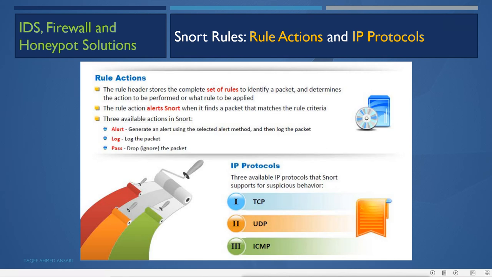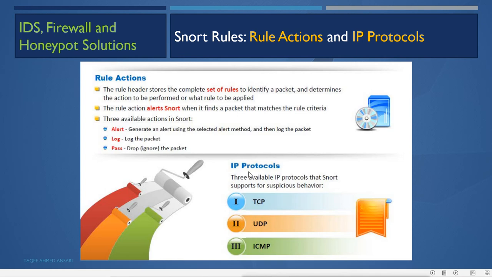So three available actions in Snort are alert, log and pass. Alert means generate an alert using the selected alert method and then log the packet. And log only logs the packet and does not generate the alert. Pass means it will drop and ignore the packet without logging it.